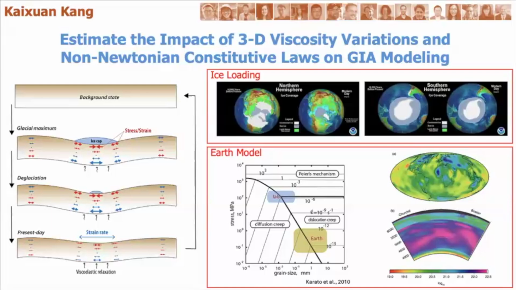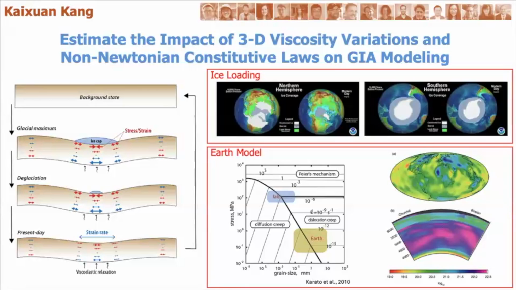So this is good and not good. The good thing is the mantle has memory of past ice change, so we can measure the ongoing uplift, for example, around Hudson Bay, to learn about the past ice change, like how the ice thickness models can be reconstructed this way.